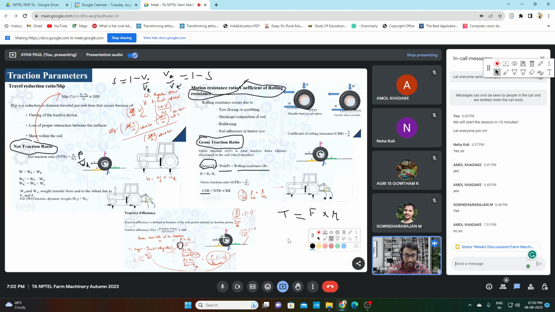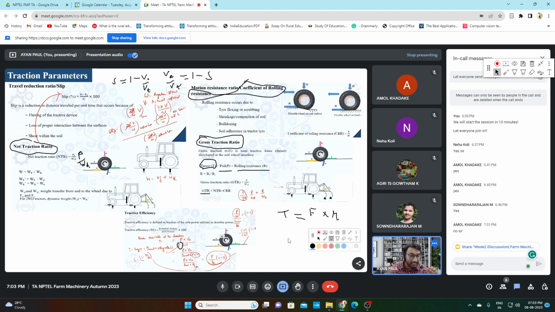What is the third traction parameter? The third traction parameter is your net traction ratio. Why are we applying torque to our tire? To pull an implement. So that pull divided by the dynamic weight that is coming on the tire is known as net traction ratio. Now what is the gross traction ratio? Due to the torque coming on the tire, there will be a thrust acting between the tire and the soil.